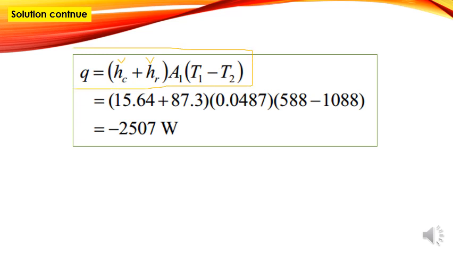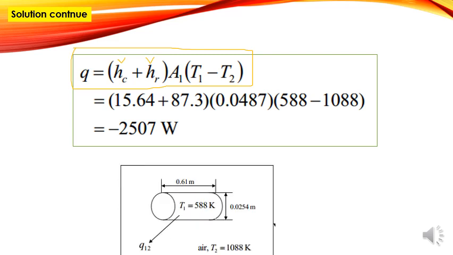Again I would like to remind you, in this case always make the lower temperature the reference point, in this case T1, which is the horizontal metal tube itself. So that's the reason why our Q value in this case is negative.